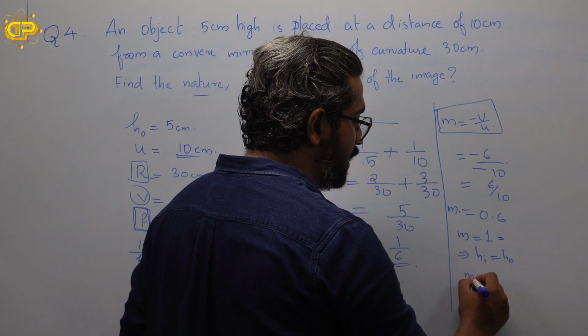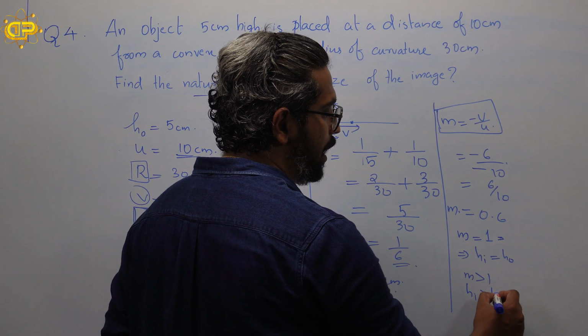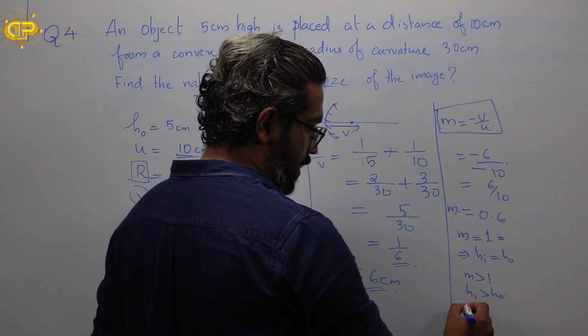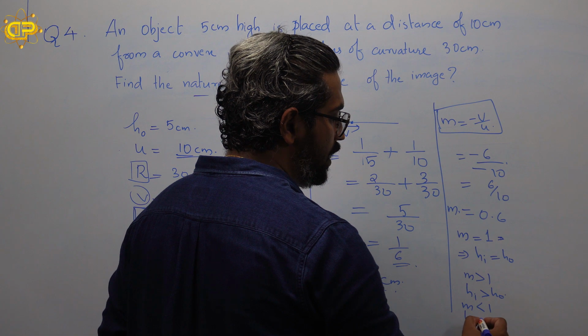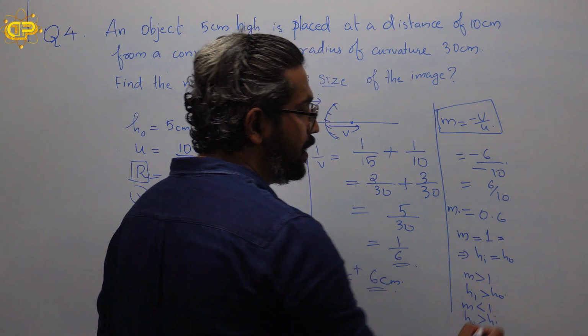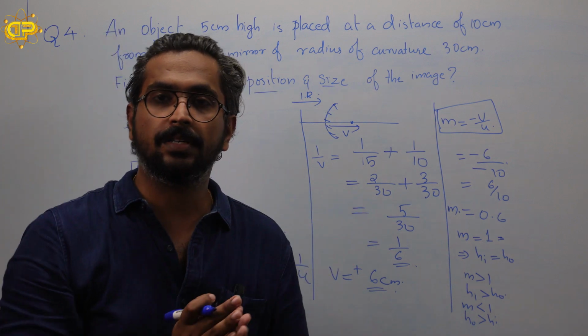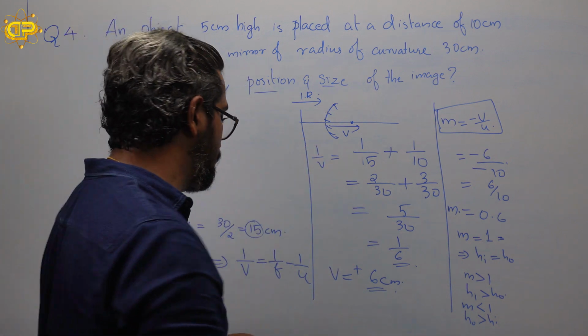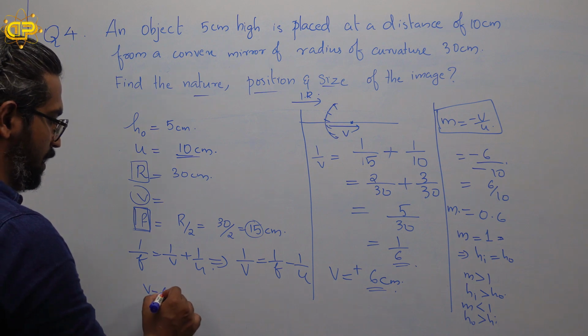If M is greater than 1, then HI is greater than HO, and if M is less than 1, then HO is greater than HI. That means the height of the object is greater than the image, which means the image is diminished. So definitely we can say V is equal to 6 centimeter.